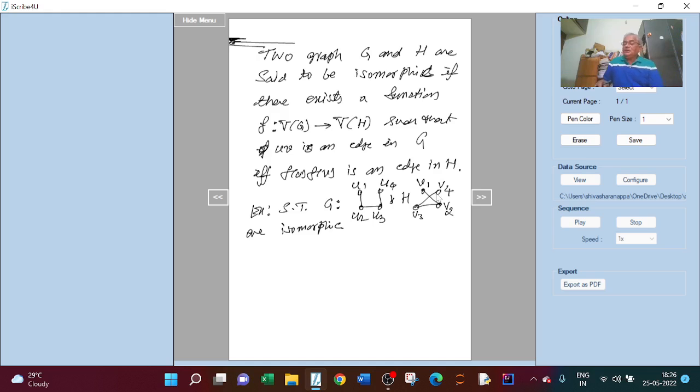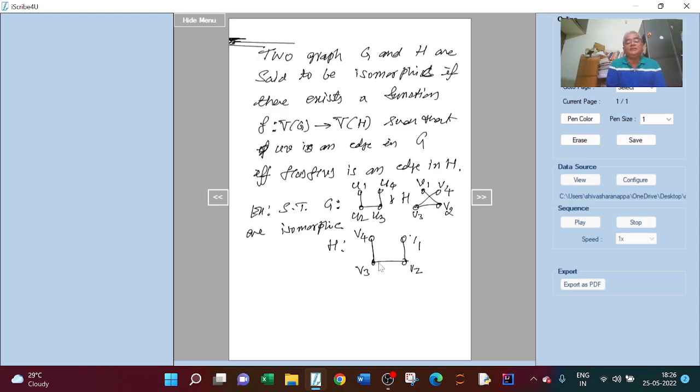Here U1U2 is an edge, V1V2 is an edge, U2U3 is an edge, V2V3 is an edge, U3U4 is an edge, V3V4 is an edge. I can draw this graph by writing V4 here and V1 here: V4 to V3, V3 to V2, V2 to V1.